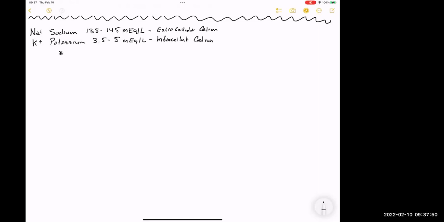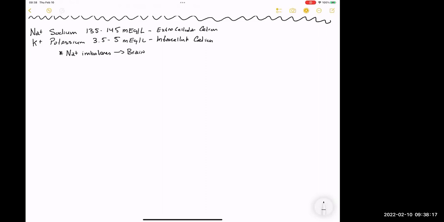And there is a general rule of thumb that I want you to remember, and the general rule of thumb goes as follows. Sodium imbalances tend to impact the brain. So the major organ that's impacted when you have sodium imbalances is the brain, because sodium is very important as far as causing water to move, causing osmosis.